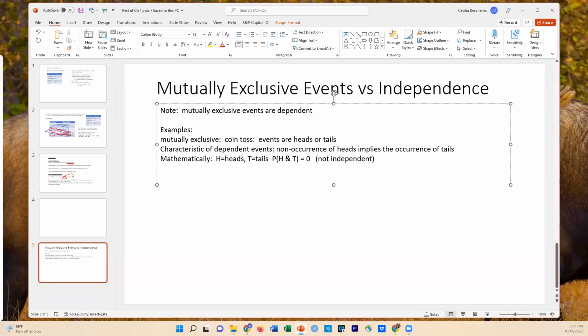To understand how it's different, let's consider an example related to coin tossing that's independence. That would be tossing 2 coins, where each one can have heads or tails.